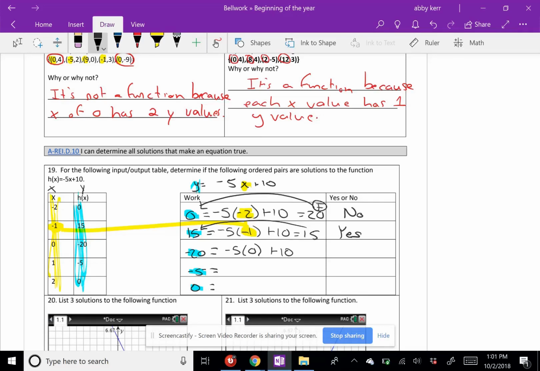Negative 5 times 0 is 0 plus 10 gets you 10. Does not get you 20. So that's a no. This gets you a positive 5. 5 and negative 5 are not the same number.